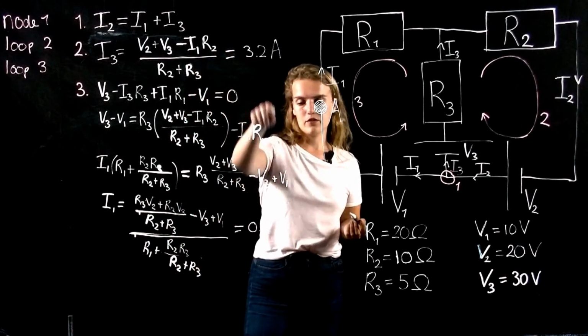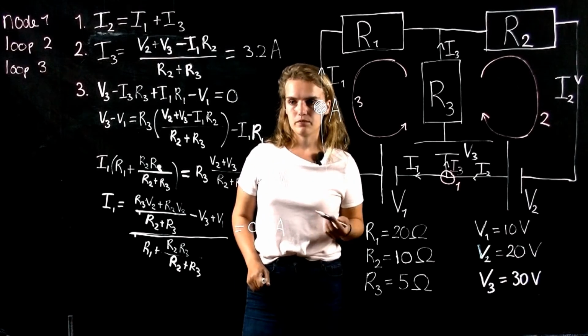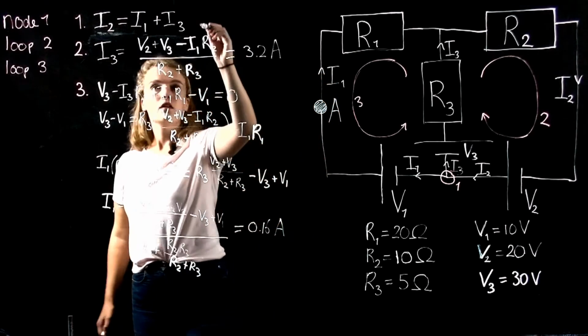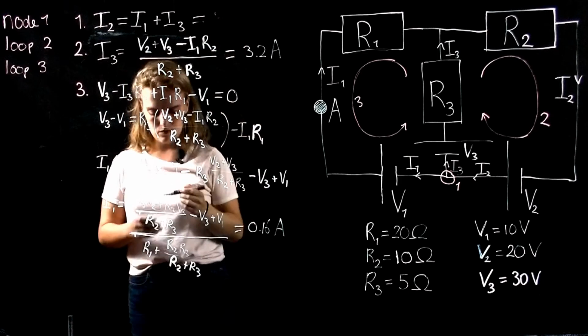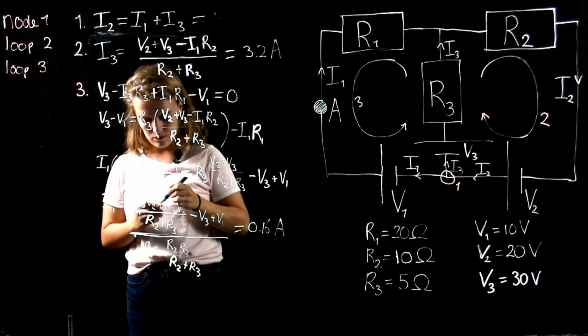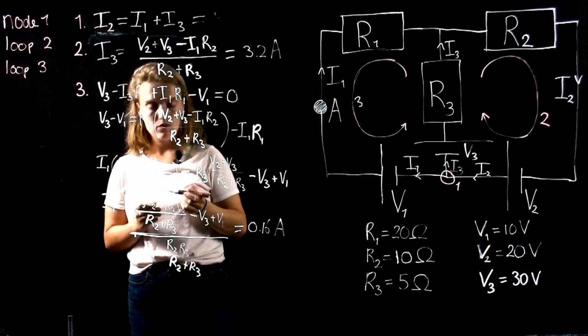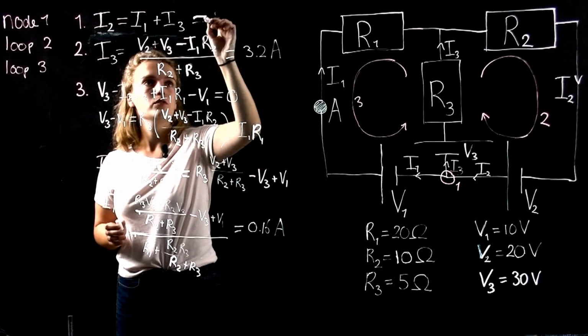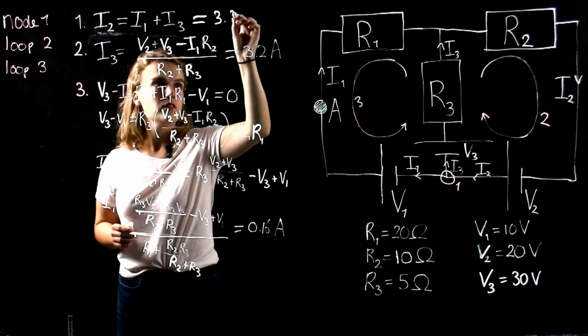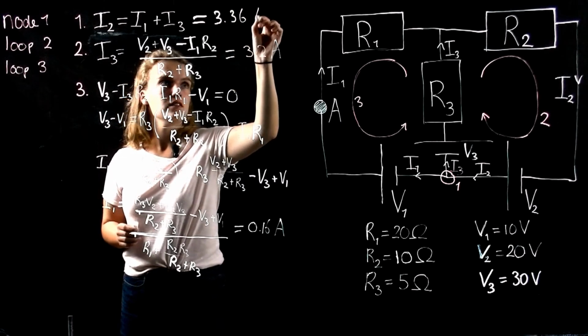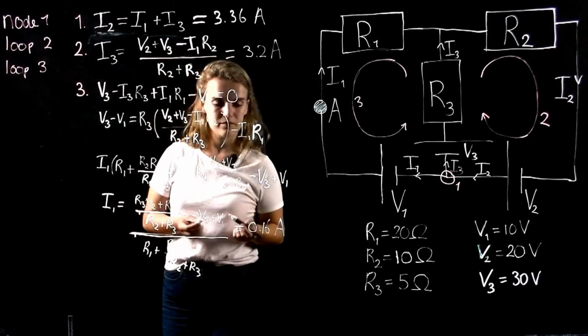And then we simply have to add up these two to find I2. And then I2 is equal to 3.36 amps.